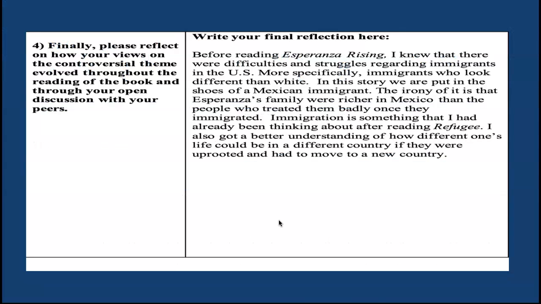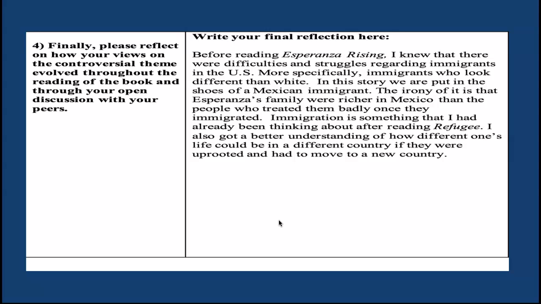Here again is the final reflection from one of the students who read Esperanza Rising. "I knew there were difficulties and struggles regarding immigrants in the U.S., more specifically immigrants who look different than white. In the story, we are put in the shoes of a Mexican immigrant.